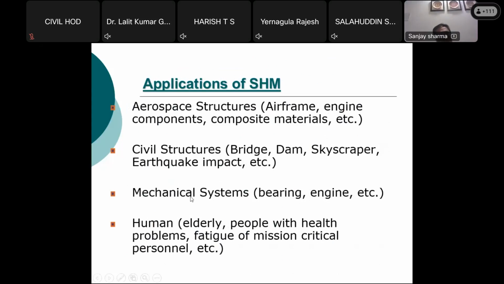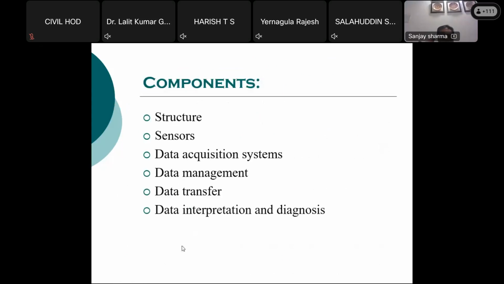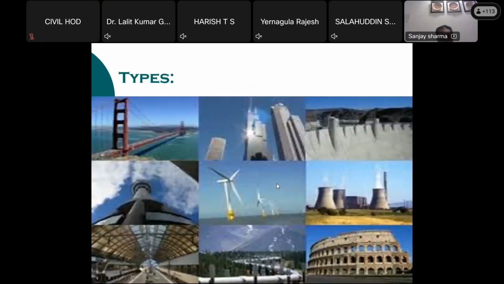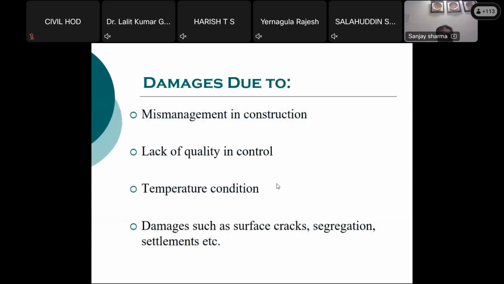And for the human body also, nowadays many innovations are being made to detect diseases. So there also it is required. What we require are some sensors, data acquisition systems, and all that. Anything can be monitored, like foundations, basements, columns, beams, slabs, etc.